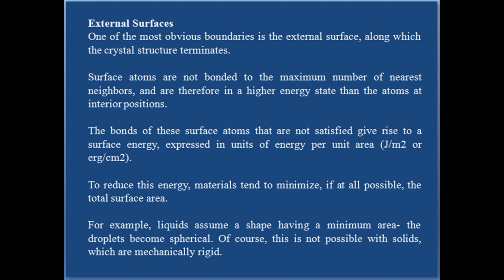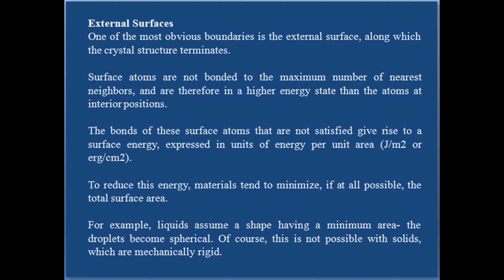One of the most obvious boundaries is the external surface, along which the crystal structure terminates. Surface atoms are not bonded to the maximum number of nearest neighbors and are therefore in a higher energy state than the atoms at interior positions. The bonds of these surface atoms that are not satisfied give rise to a surface energy expressed in units of energy per unit area.